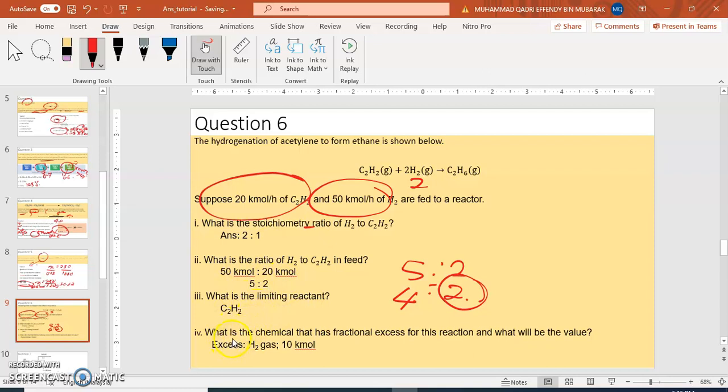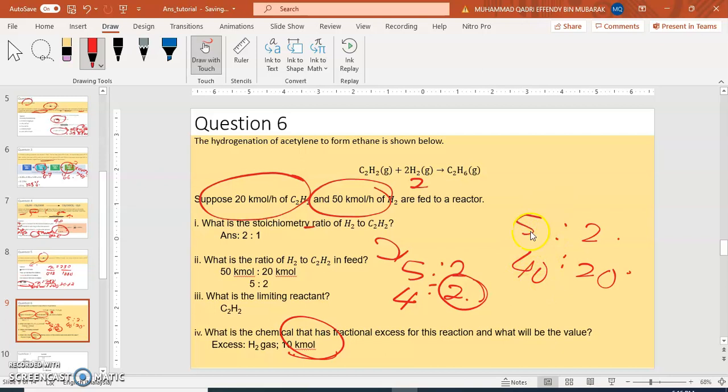And then the last question, what is the chemical that is in excess for this reaction and what will be the value? So now the excess chemical here is H2 gas, and the value is 10 kilomole. Because if we have 20, it will react with 40.